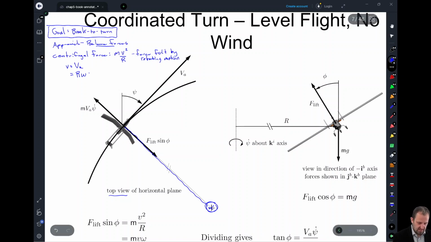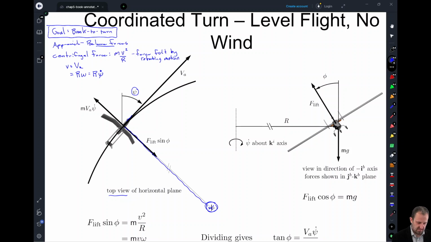In this case, our rotational velocity is going to be the time derivative of our yaw angle, so this is equal to r times psi dot.